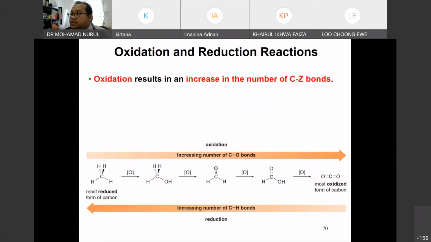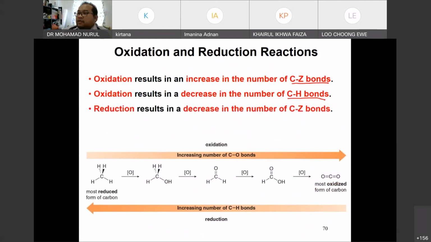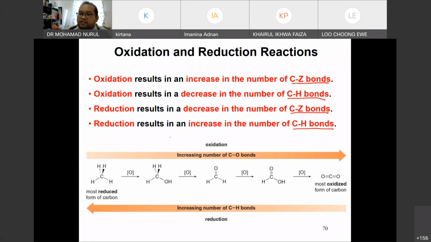Okay, oxidation and reduction reactions. Oxidation results in an increasing number of C-Z bonds, meanwhile oxidation also decreases the number of C-H bonds. And reduction decreases the number of C-Z bonds and also increases the number of C-H bonds. Of course, in reduction we add more protons to them. So you have to understand oxidation and reduction reactions.